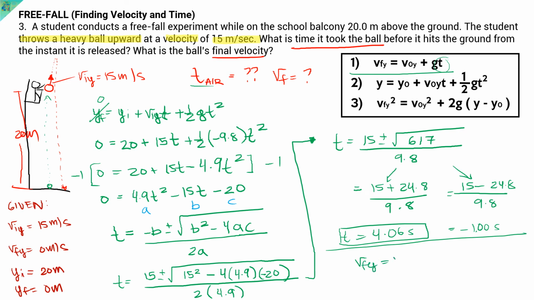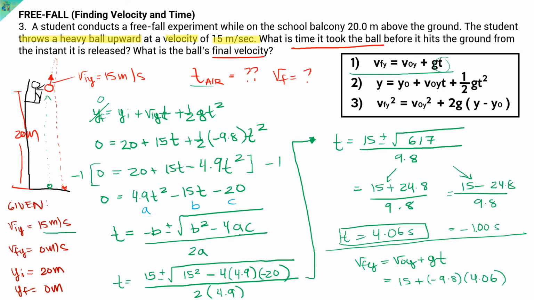Vfy is equal to the initial velocity y plus gravity times time. Let's just plug in our values. Our initial velocity is, of course, 15 meters per second. That's 15 plus negative 9.8 multiplied by our time in the air, that is 4.06. Just plug that in your calculator.